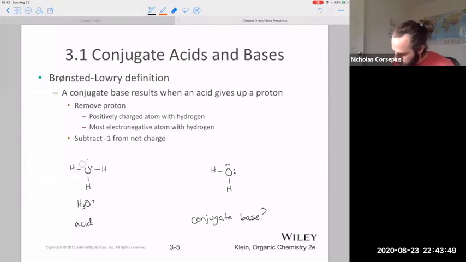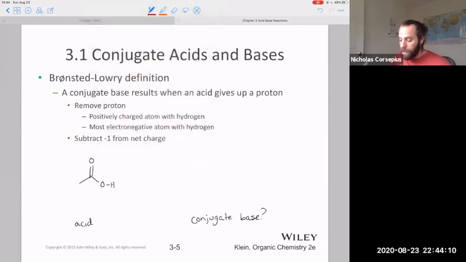Let's do another example here. Okay, so this is what's called acetic acid. And unlike my other molecule here, there are actually two different options of hydrogens that could be donated. I have this one on this OH group, but also I have these three implicitly drawn hydrogens back here.